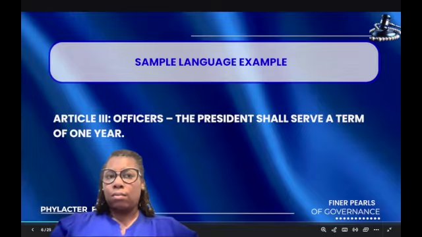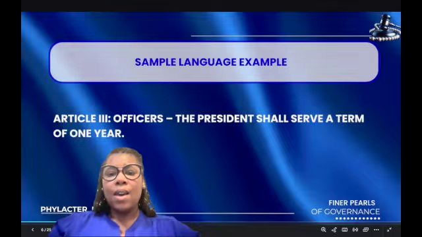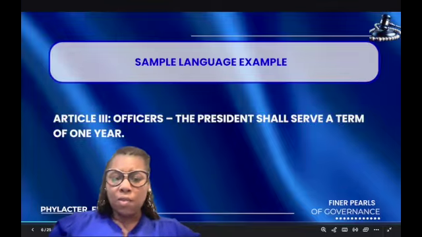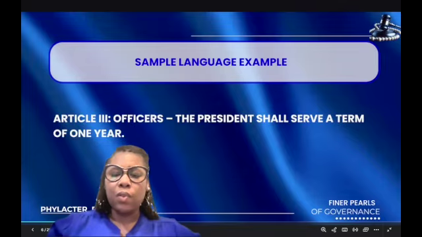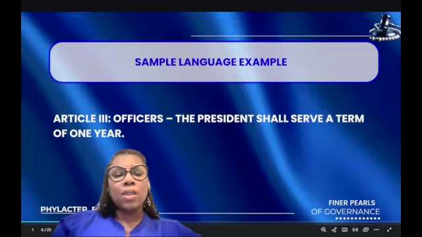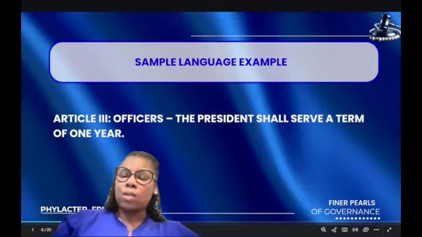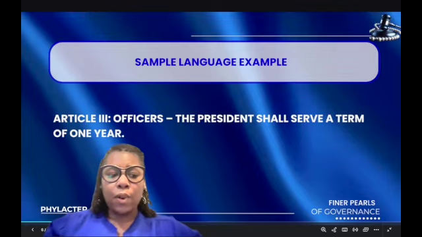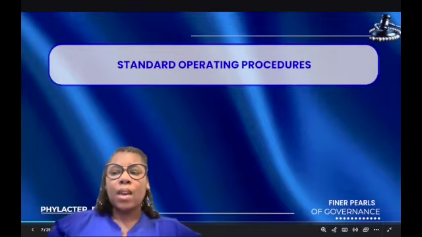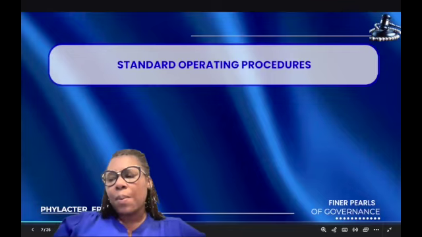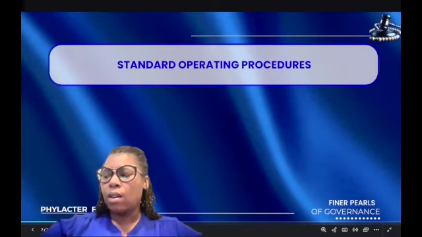That is basic language, and then you would move on from there in defining what happens for each officer. Now, one thing about your bylaws, you'll notice they go by articles, and those articles, as a standard, are written with Roman numerals. So we talked a little bit about your bylaws and how you should put the information in there.